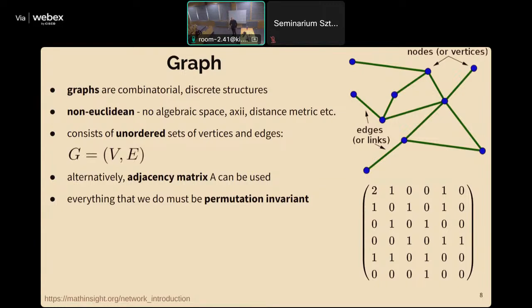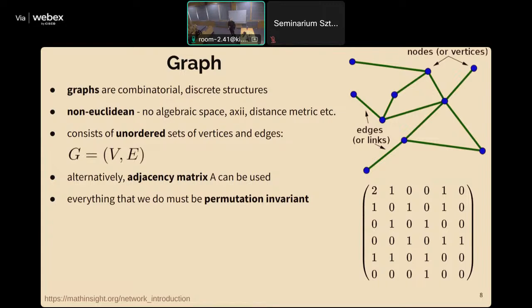And also, this means that everything we do must be permutation invariant, because graphs don't care about order. A graph consists of an unordered set of vertices and an unordered set of edges. No matter what we do in machine learning on graphs, everything must take this into consideration.